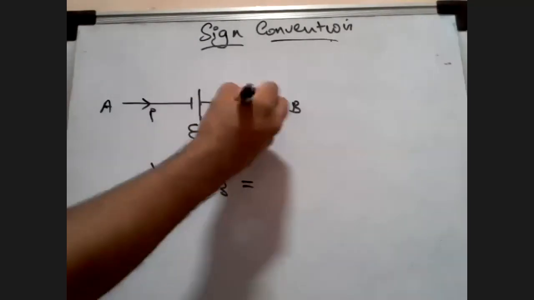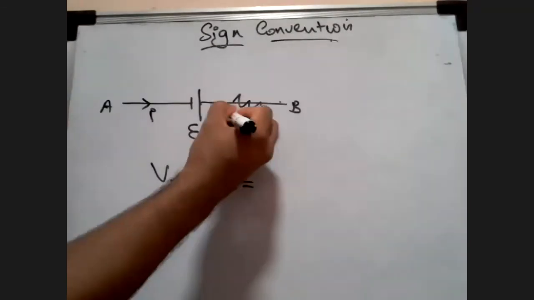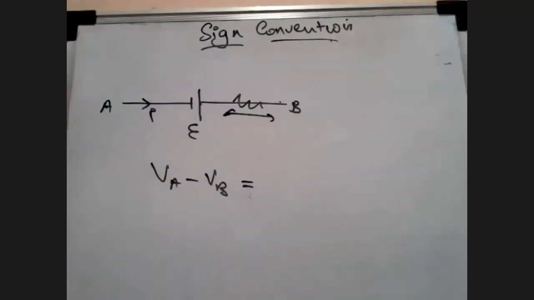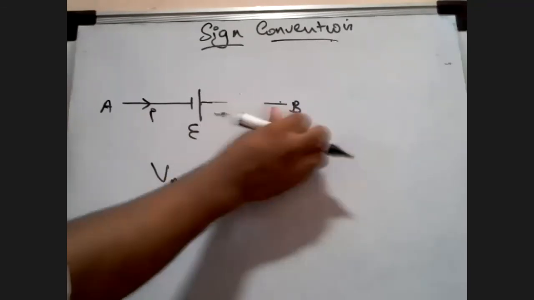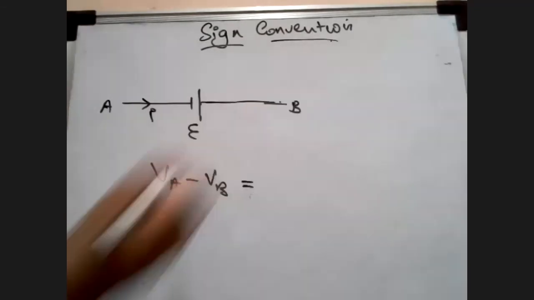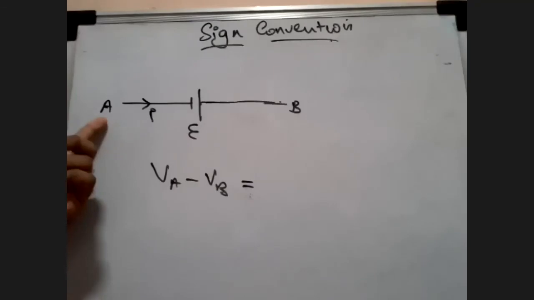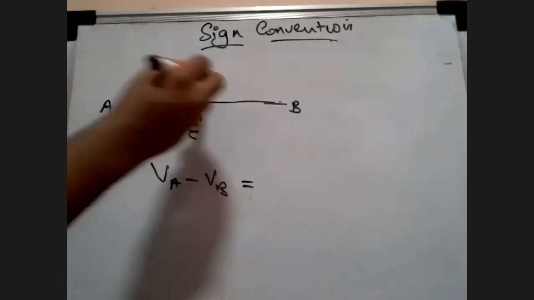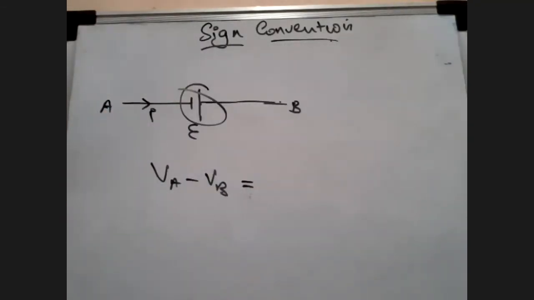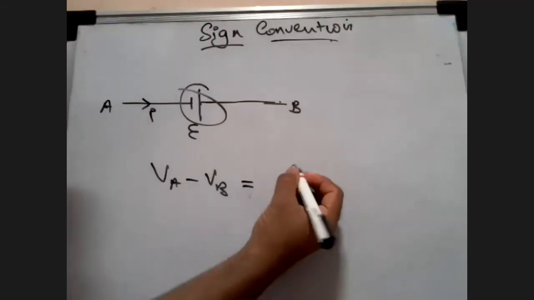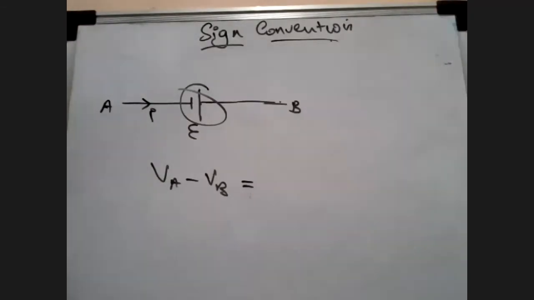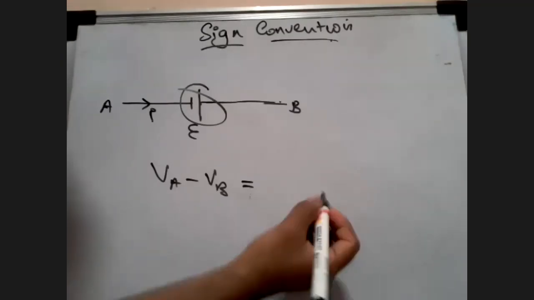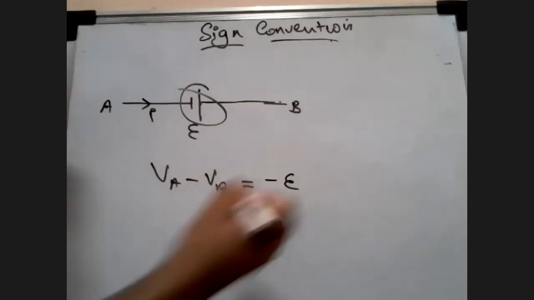If there was a resistor here, of course there would be a potential difference, and then it would matter. But right now, whether the current goes like this or like this, the potential is because of this battery. So will VA minus VB be positive or negative? Negative.